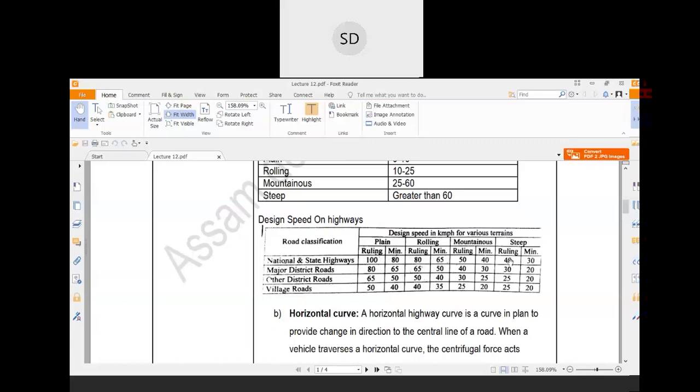Likewise, all the speeds are in kilometer per hour, and the values for different types of terrain and different types of roads are provided here. Based on this design speed, you have to calculate all the elements of the horizontal alignment as well as some vertical alignments. Basically, this design speed will govern the overall geometric design of the highway.